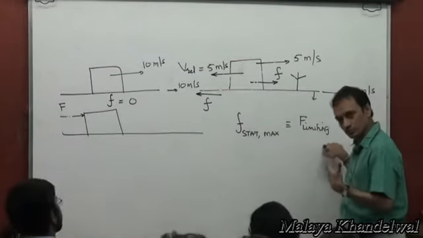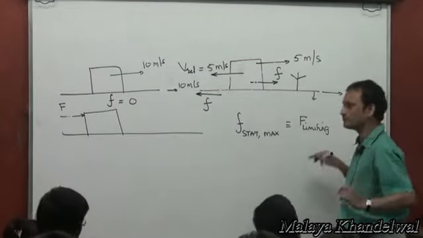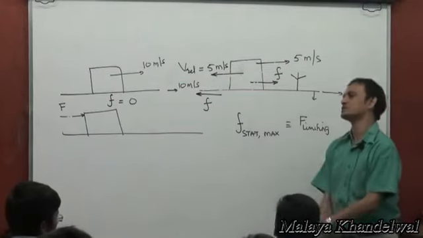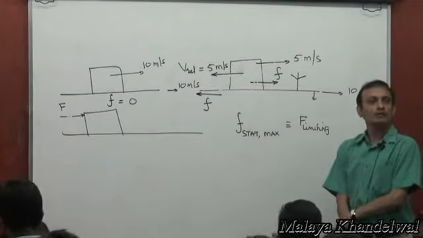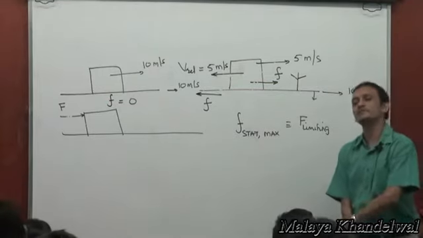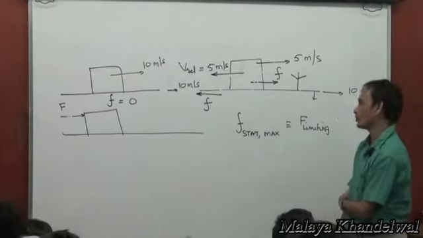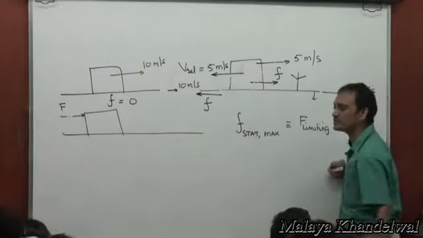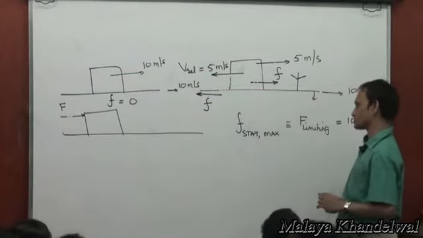This can be computed, mu s into N. Now, one very popular misconception that is carried very far by people, sometimes carried forever, is the following. Suppose on calculation, this mu s into N turns out to be 10 newtons.